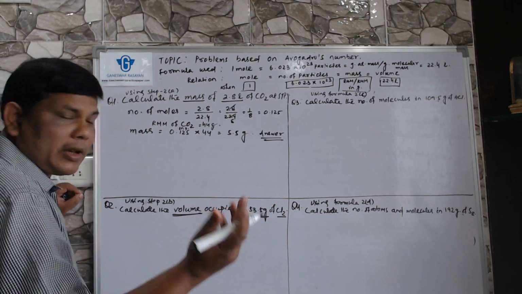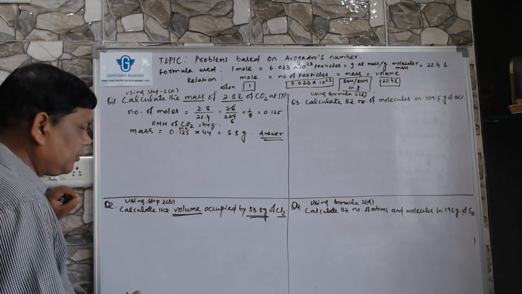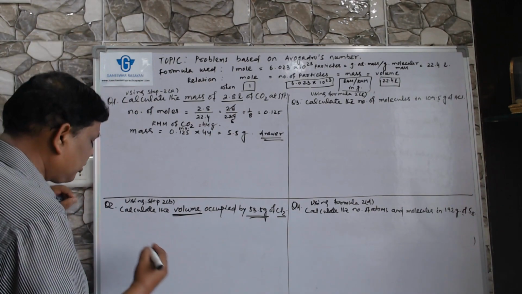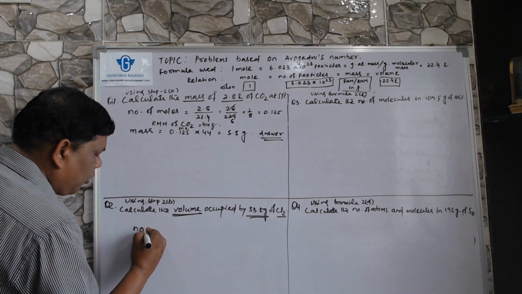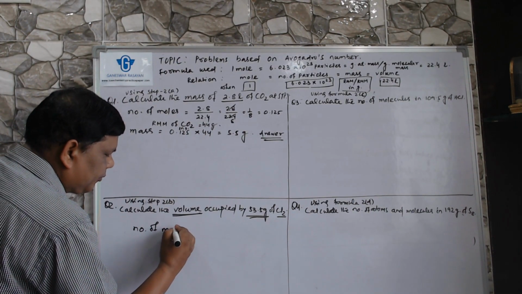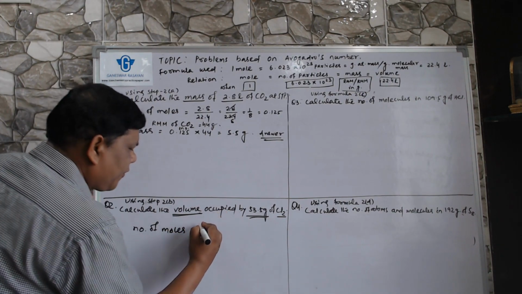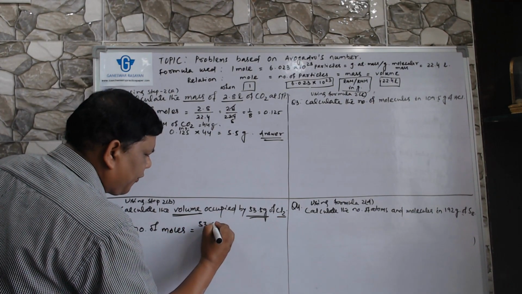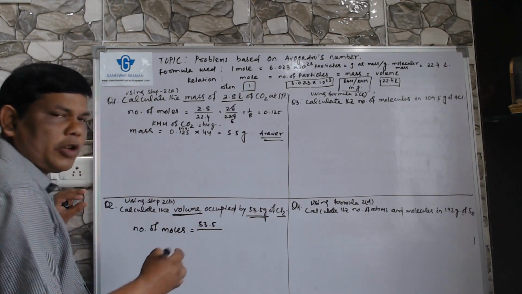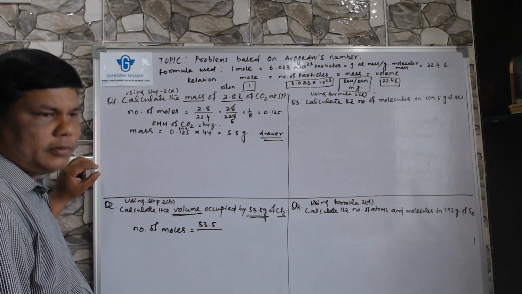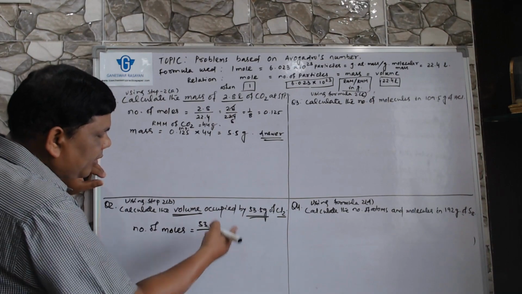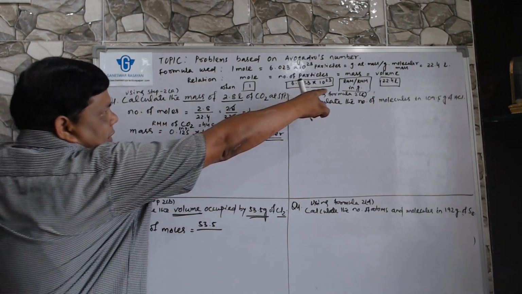So, as usual, go with step 1. Step 1 is the number of moles. So, number of moles is equal to given quantity, 53.5 gram. No need to write gram because it's a ratio. Ratio has no unit. Divided by the corresponding quantity.